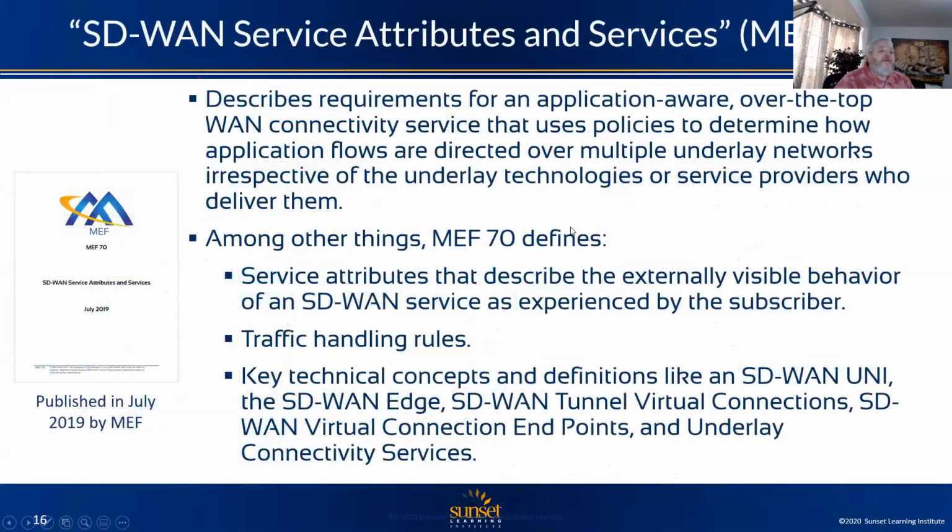All right. So again, the exam, I would say if you need to look at one particular document, although there's several that we're going to go through if you come to our course, would be that MEF-70 document. And that's going to be the standards document. It's called Service Attributes and Services. And that's going to tell us what we need to know when we're setting up an SD-WAN according to MEF.